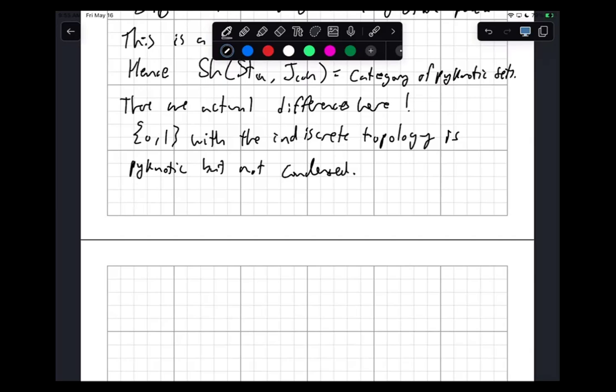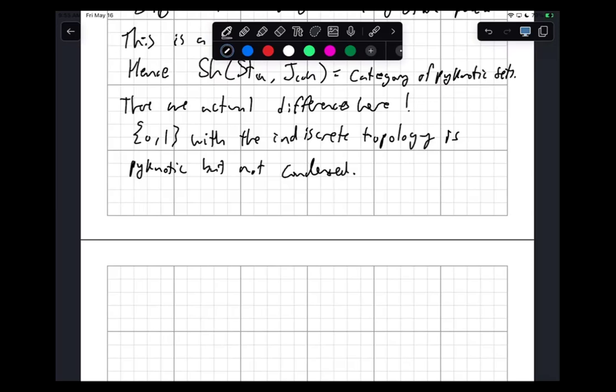Let me maybe just say this in words first. Suppose I have a large site and I take sheaves on the large site. That exists. It's a category. It's a large category. It's not necessarily locally small. So I'm looking at presheaves and I want to do sheafification. I haven't talked about sheafification yet, but hopefully you've seen it before. Sheafification is a functor from presheaves into sheaves. And what you do is you take a colimit over covering families.